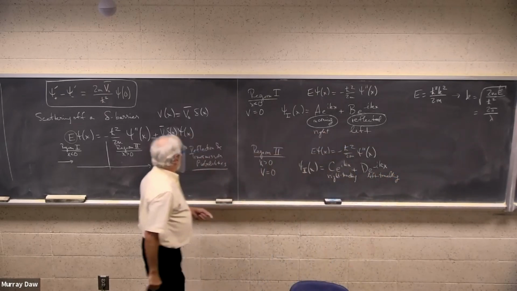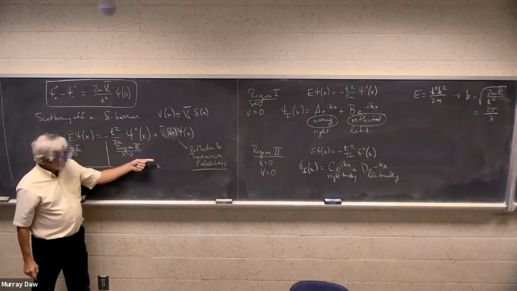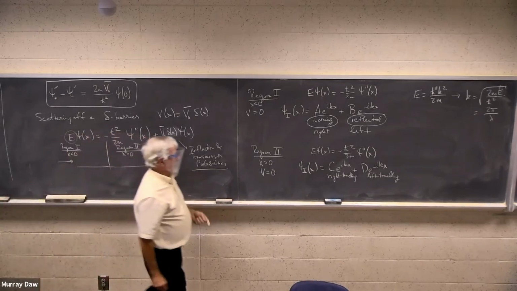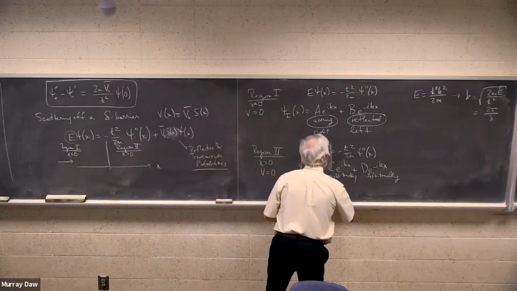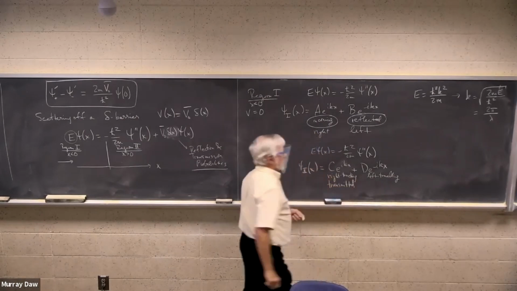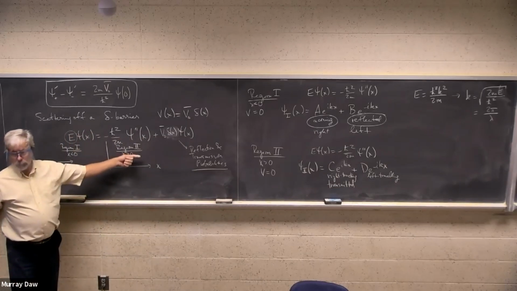Okay. So if we're over here and we have a part that's going this way, that's what made it through the barrier. So this is the transmitted piece. Part of the wave function that represents what made it through the barrier.